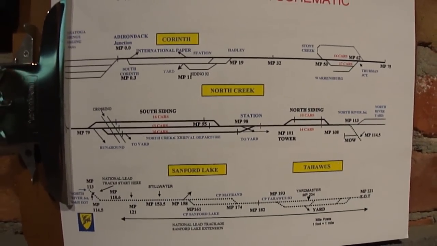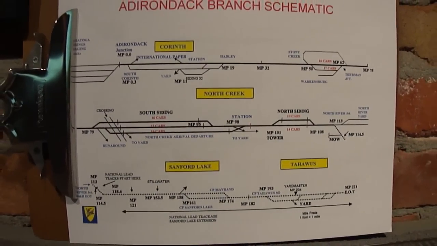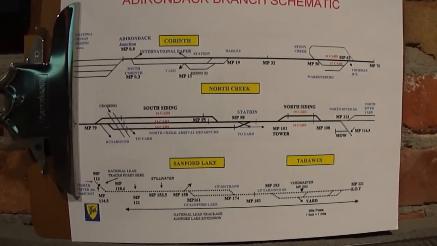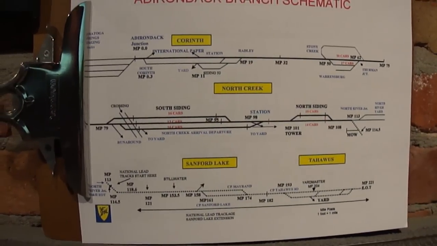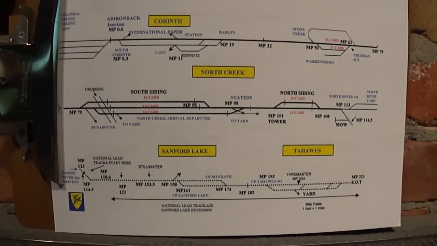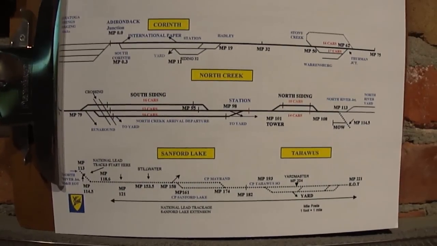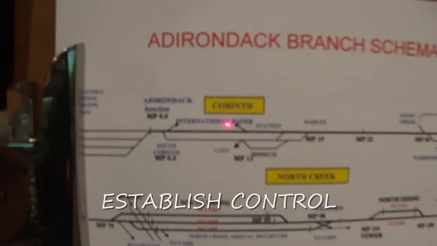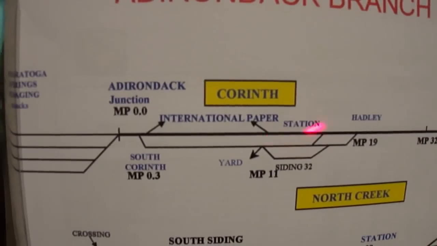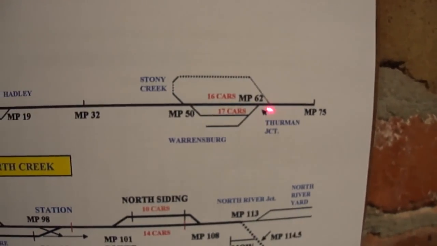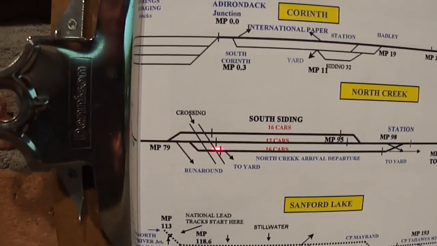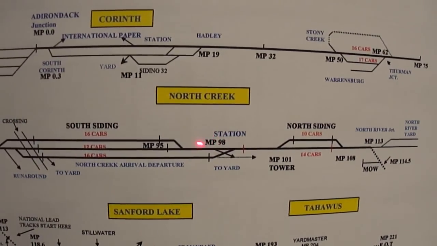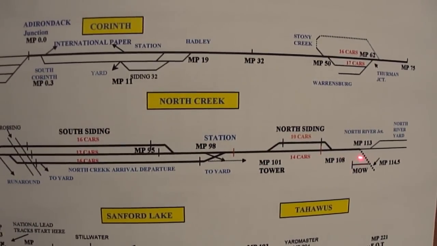You know where all the junctions are, and it also determines the points where you want to establish control by the timetable. Okay, you want to establish the stations, you say, and also the junctions. So for example, you would have a timetable time for the station at Corinth, a timetable time for the junction at Thurman, a timetable time for maybe milepost 79, which is the entrance to North Creek, a timetable time for the station at North Creek, then when you go to the junction at North River.